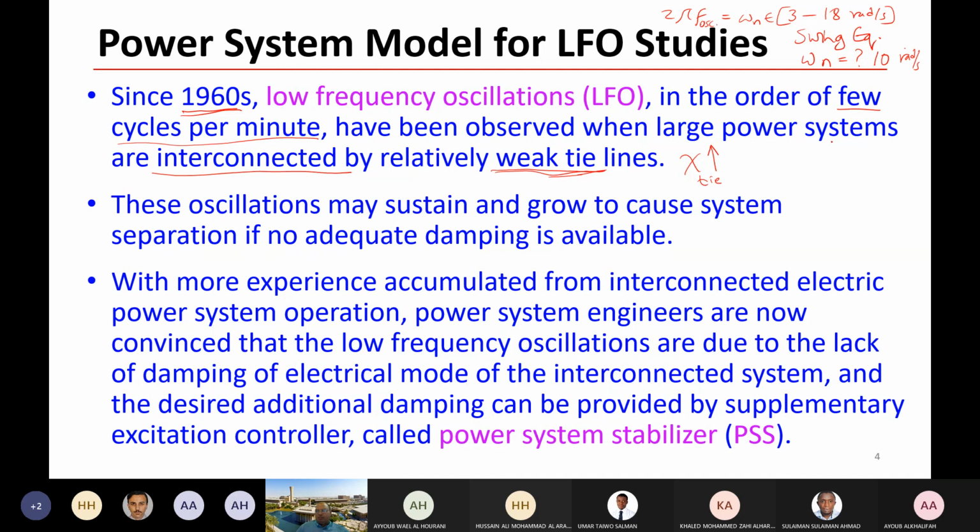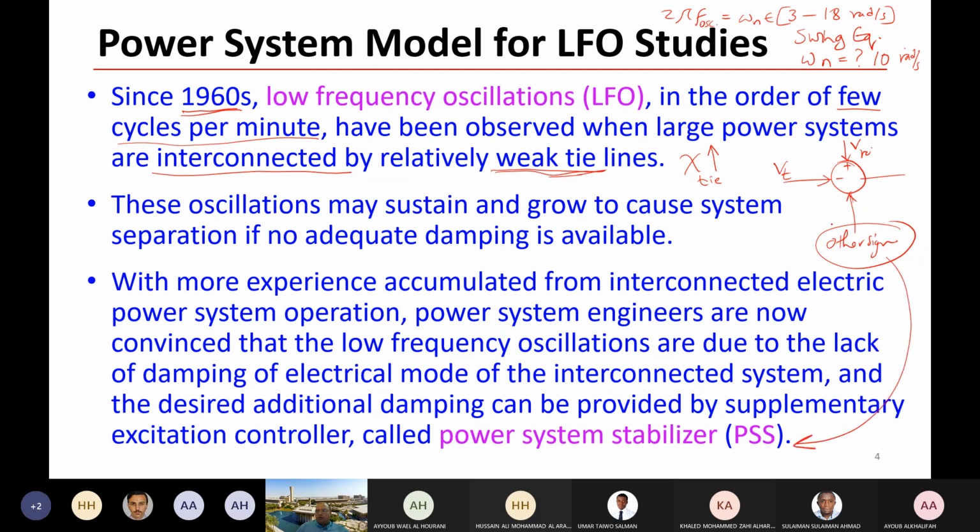If you still remember, when we discussed the exciter system, we have here a summing point where this is the terminal voltage and this is the reference voltage. And we have here other signal. We said that the other signal is the power system stabilizer.